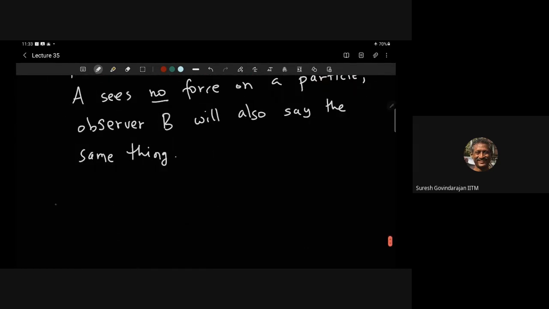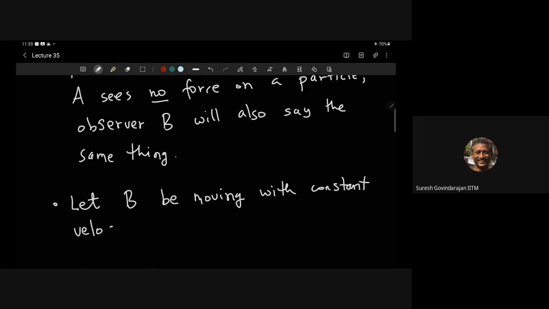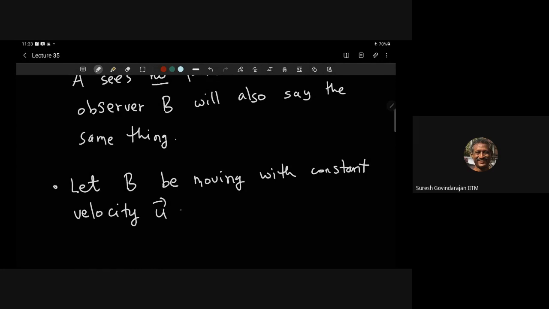Now I'll just say that let observer B be moving with constant velocity u in the frame of observer A. This is just a consequence of Newton's first law actually.